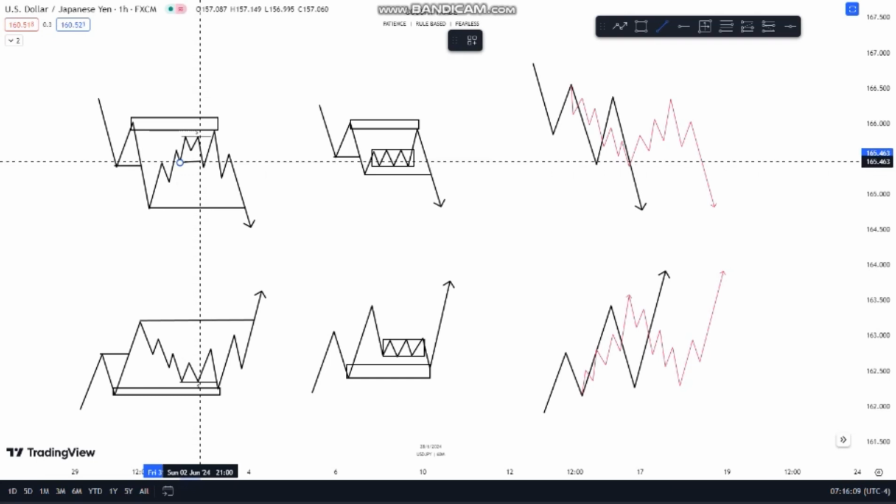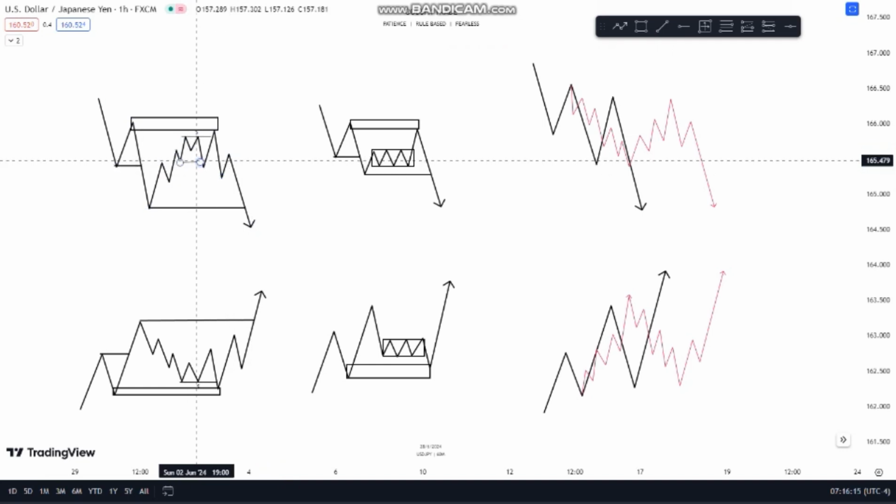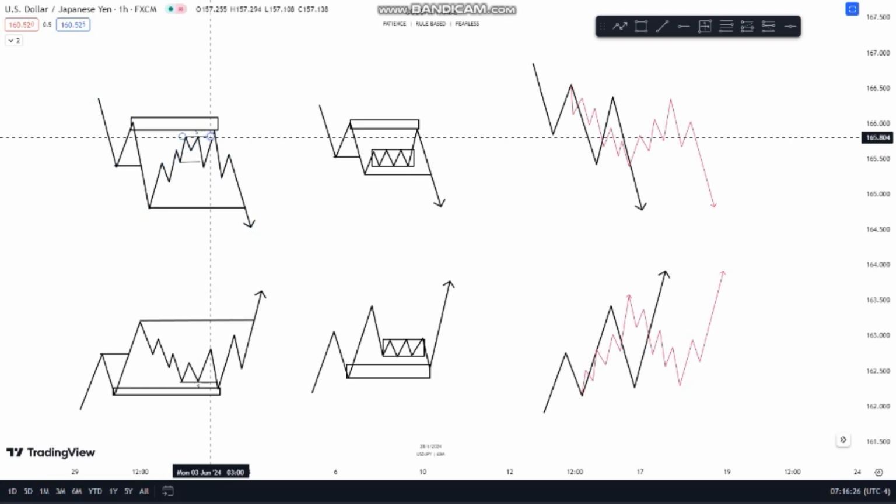This change of character must have happened in the lower time frame. Then changed character here. That will now make early traders start to enter their sell position from here.